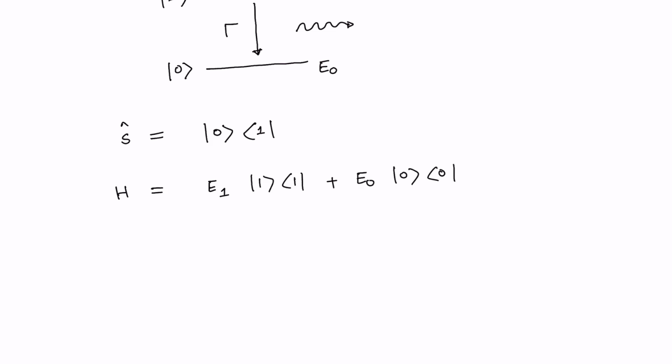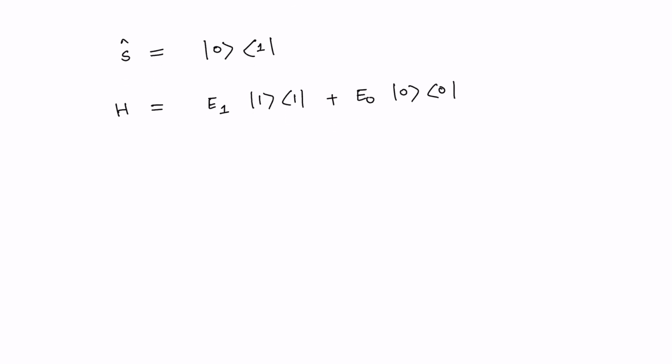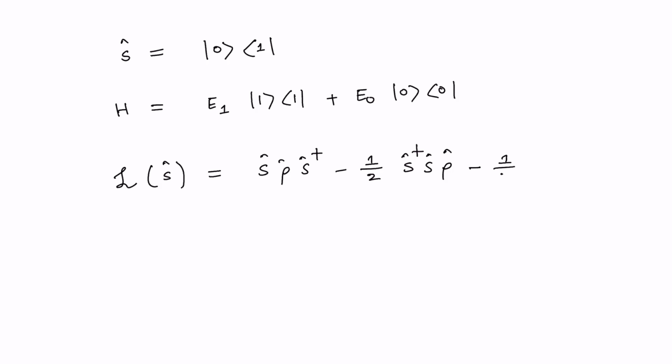This is the system Hamiltonian, and the Lindblad superoperator L S is now S rho S dagger minus 1/2 S dagger S rho. So all these are operators, minus 1/2 rho S dagger S.